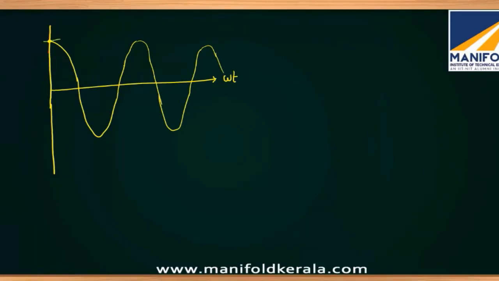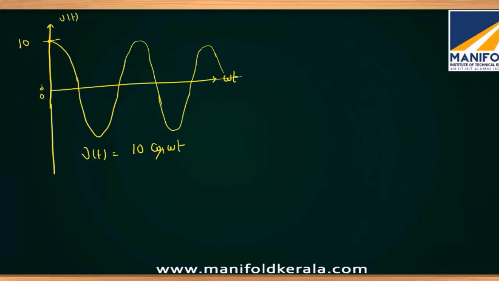Let me assume it is a 10 and this is omega t I have written. So this signal will become what? Let us assume it is a voltage signal. This signal V of t will become 10 cos omega t because it is starting at 0 degrees.